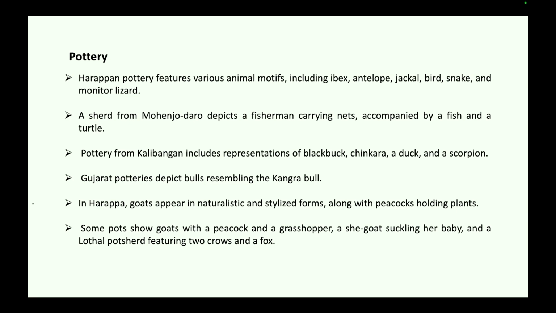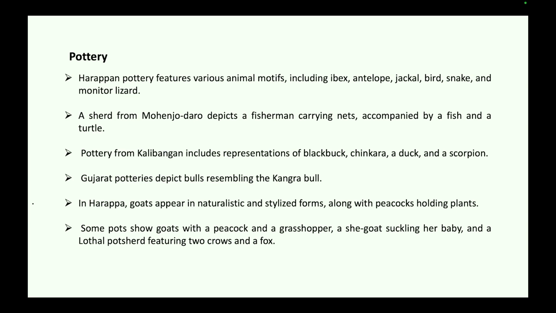In Harappa, goats appear in naturalistic and stylized form along with a peacock holding plants. Some pots show a goat with a peacock and a grasshopper, a she-goat suckling her baby, and a Lothal potsherd featuring two crows and a fox.